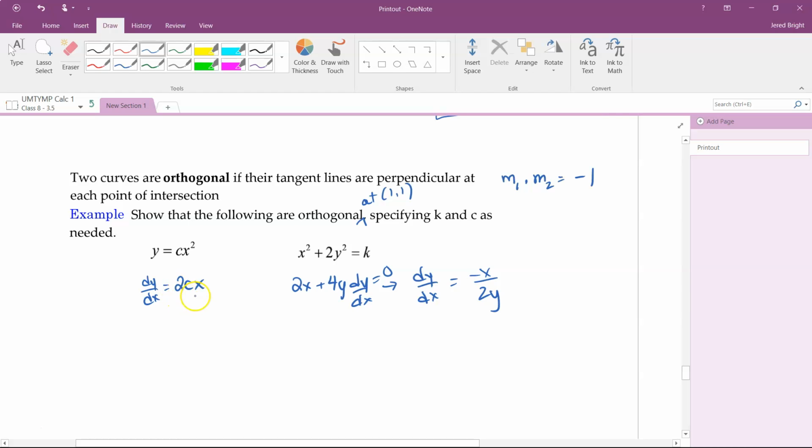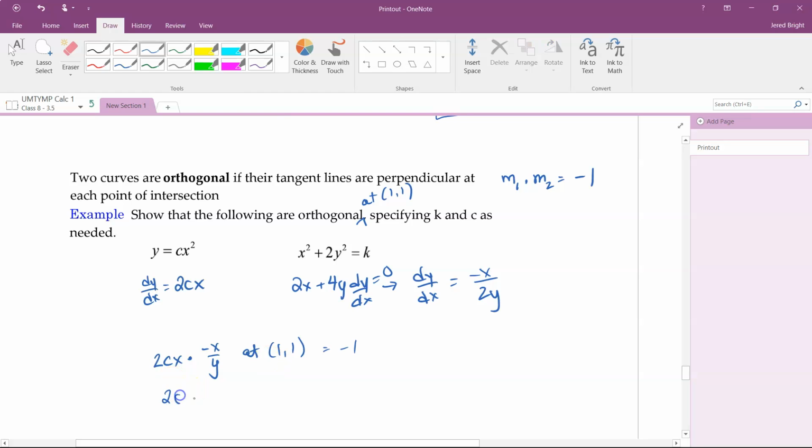If we look at their slopes and multiply them, so there's slope 1, here's slope 2, we want that product at (1, 1) to be -1. Okay, so let's plug this in. Put in the values 1 and 1 for x and y.